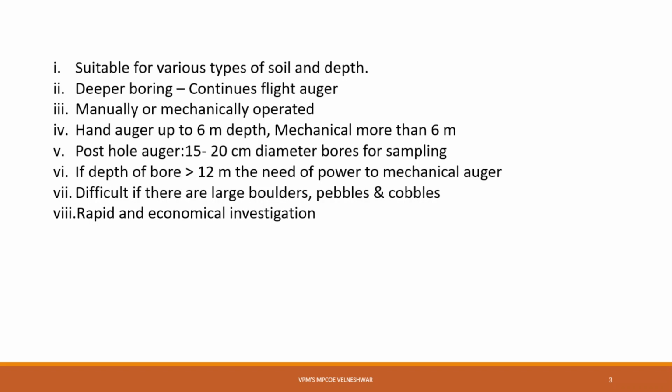It is also difficult if large boulders, pebbles and cobbles are present in your soil. It is a rapid and also economical method of soil investigation. So this is about auger boring that we discussed in the last lecture.